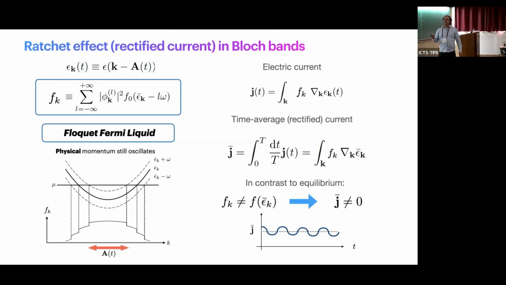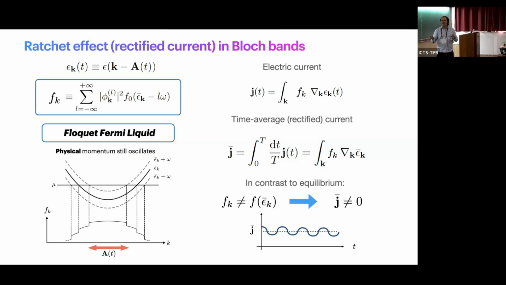So the key really for why there is current is that in the Floquet setting, the occupation of a Floquet state is not a function of the Floquet energy alone. So in equilibrium, the occupation of two states only knows about their energy. It does not know about its wave function. It's quite robust in equilibrium.